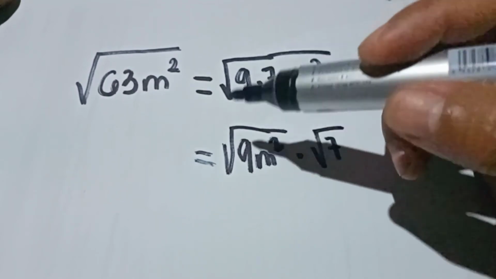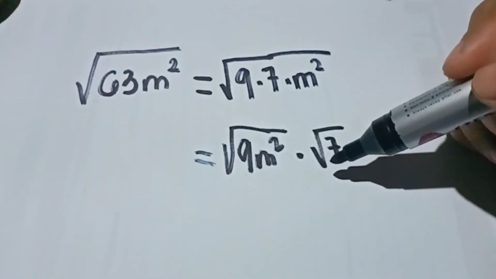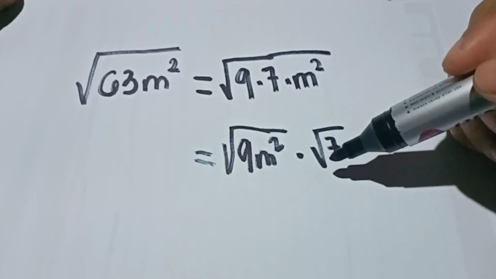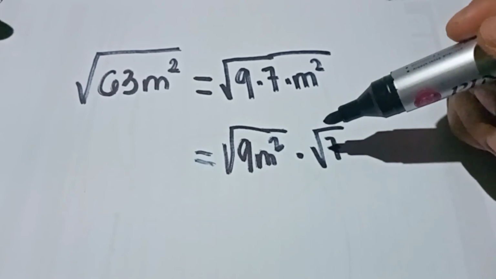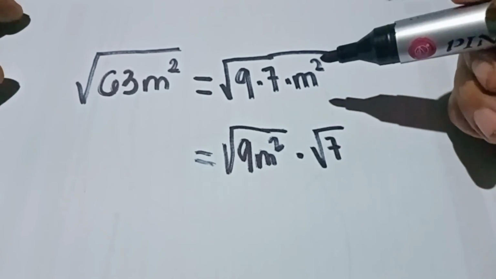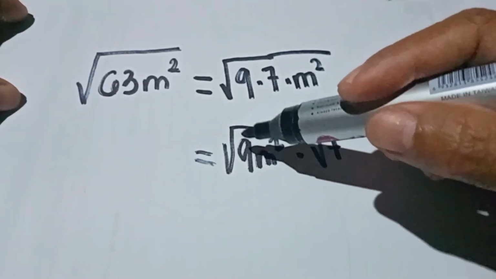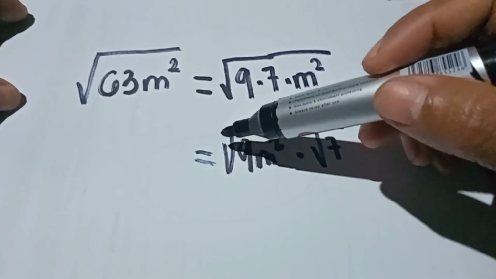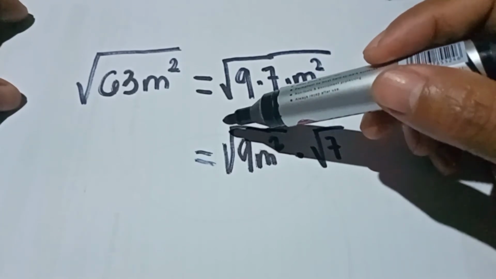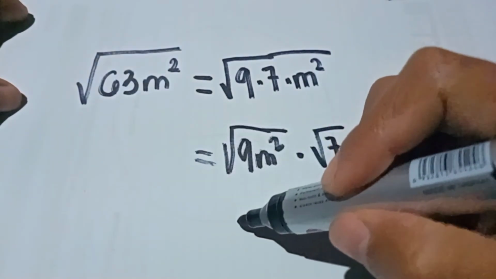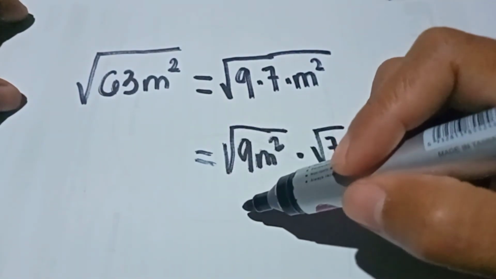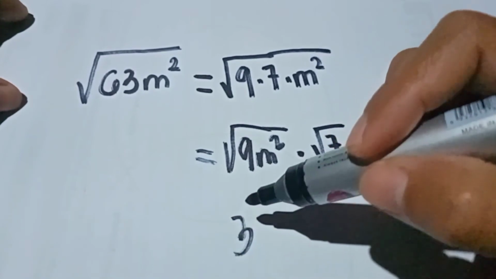So dahil napaghiwalay na natin ang perfect square at ang hindi perfect square, ma-extract na natin ngayon or masisimplify na natin ngayon ang nasa loob ng ating radical. Again, understood na ang ating index ay 2. Kaya square root of 9 is 3.